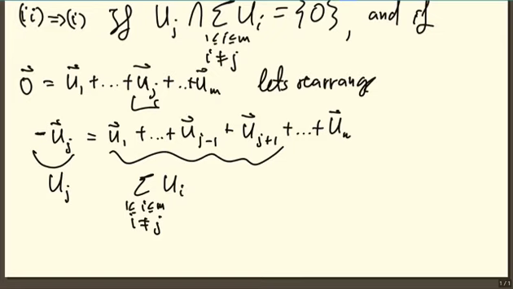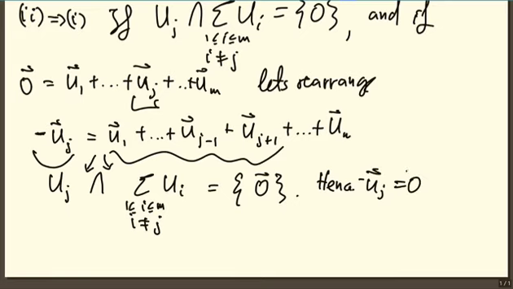That means this is in the intersection, but the intersection is 0, that was the assumption, the 0 vector. So this implies that minus uj is the 0 vector, and also uj is the 0 vector.